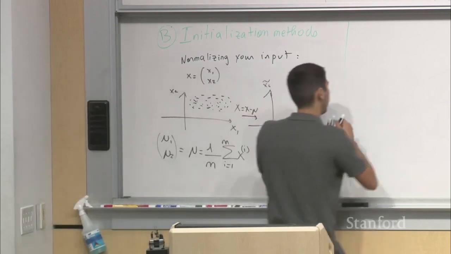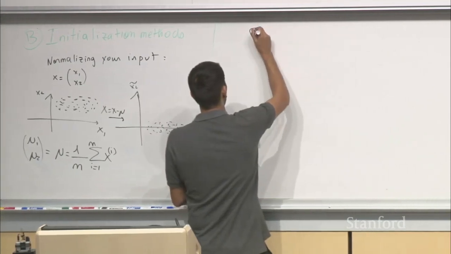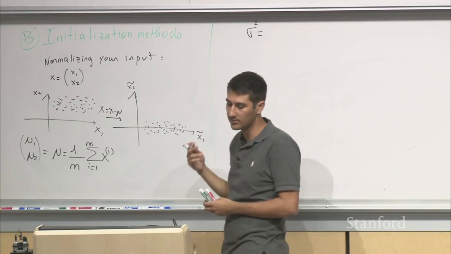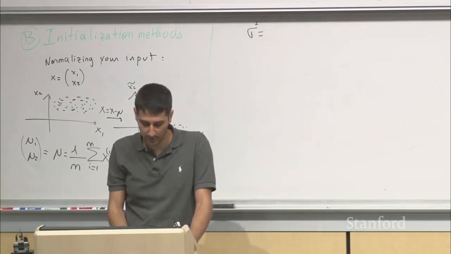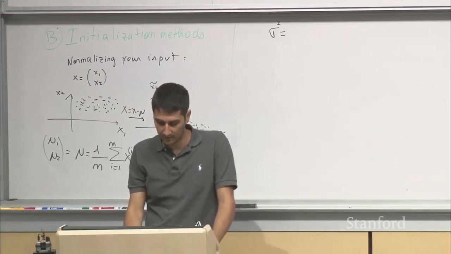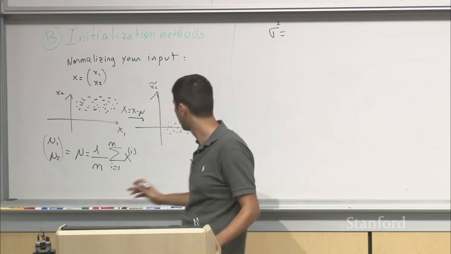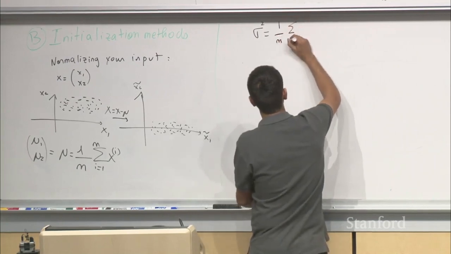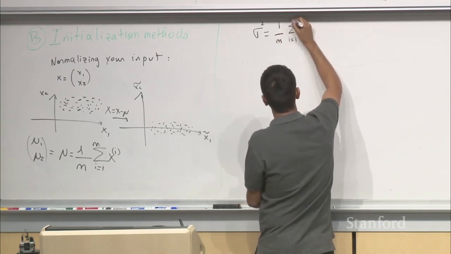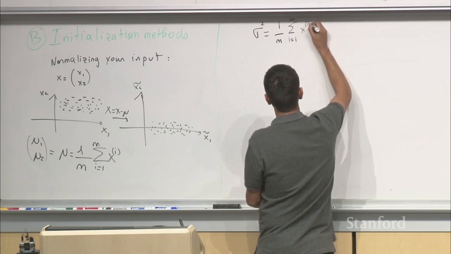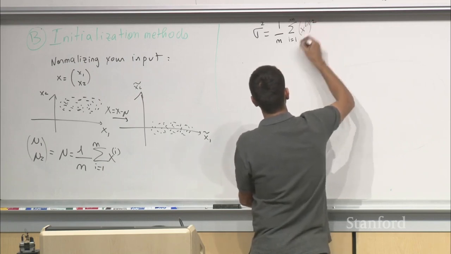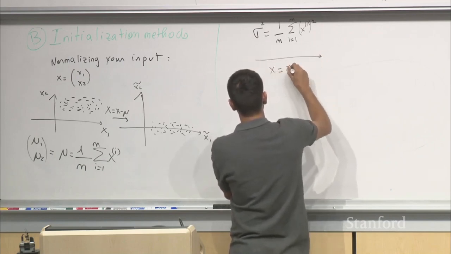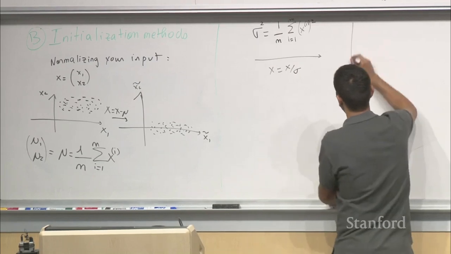In order to solve the problem fully, you're going to compute sigma squared, which is basically the standard deviation squared, so the variance of the data. And then you will divide by sigma. So you would make the transformation of x being equal to x divided by sigma.